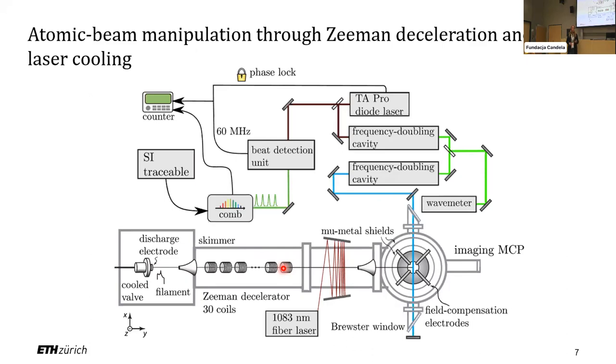Also, the lifetime of the Rydberg transition is really long, so you don't scatter that many photons because you have a natural line width of some kilohertz. And I think the light force is proportional to the natural line width.